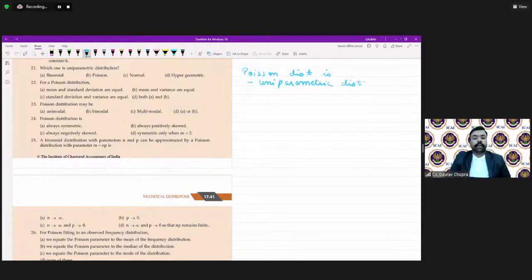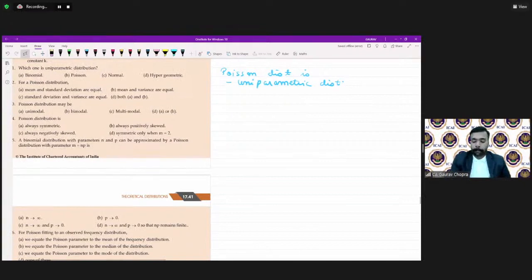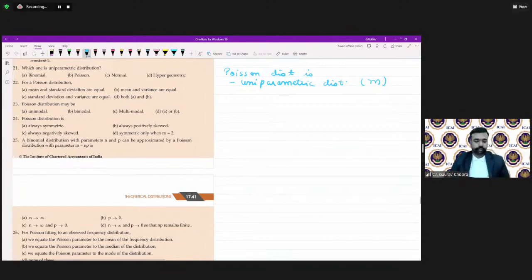Why is it uniparametric? Because there is a single parameter. And what is that single parameter? That is known as m, the mean. So mean is the single parameter for Poisson distribution. So it is known as uniparametric, whereas binomial is known as a biparametric distribution because n and p were the two parameters in binomial distribution.